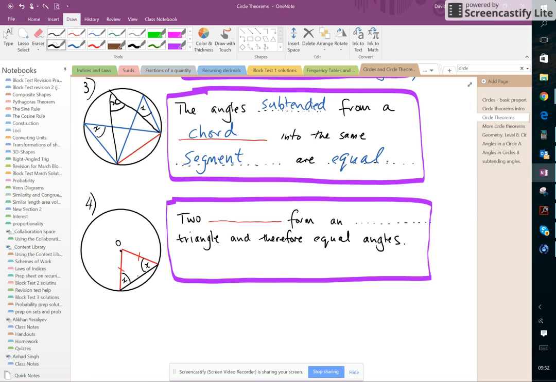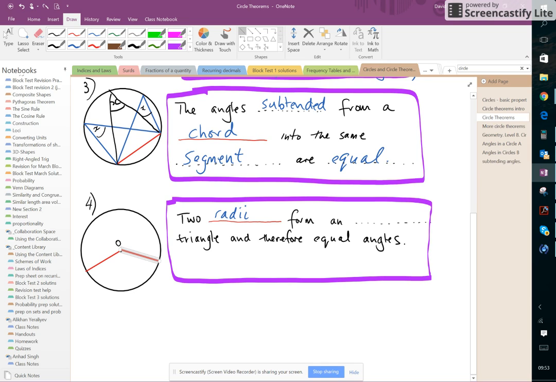Number 4. What these are called are radii, the plural of radius. 2 radii form an, what sort of triangle is this? Well, these 2 angles are the same. I would say it's not particularly well drawn, really. It might have been better to draw it like this, so I'm going to draw my radii slightly differently. Let's say like that. Then my radii.